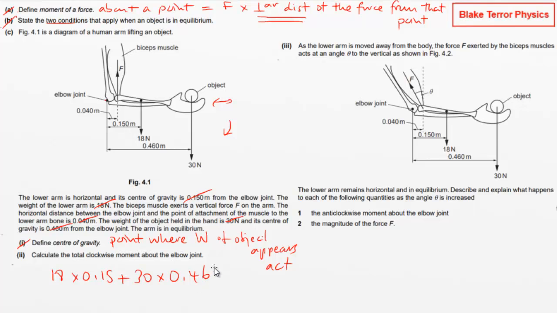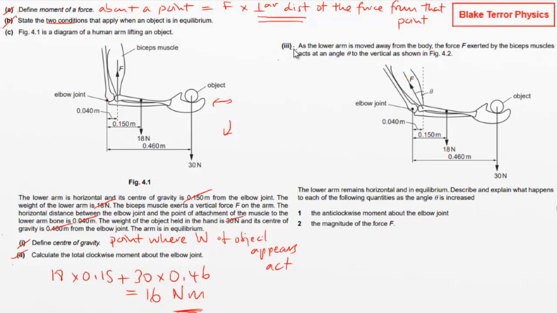Right, so just type all of that in. Calculator's not coming on. Right, 18 times 0.15 plus 30 times 0.46 is 16.5 newton meters. So don't forget your units. Easy enough. We multiply forces by distances, so we're going to get all of that.